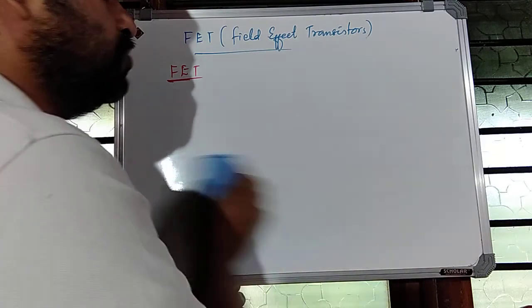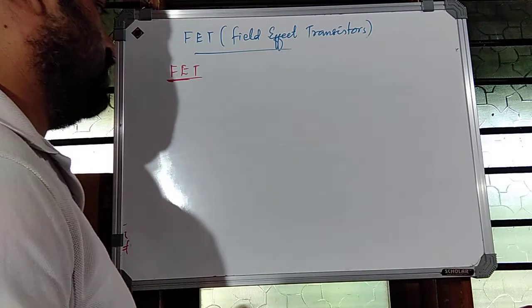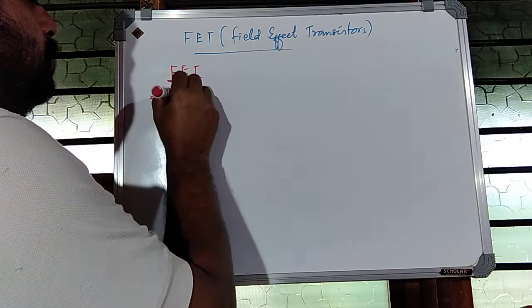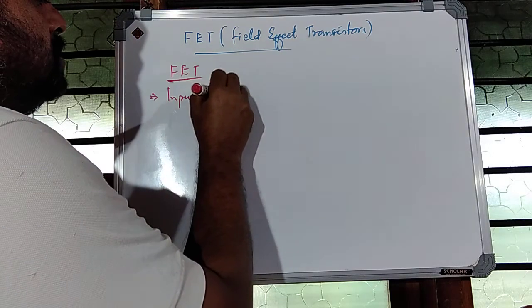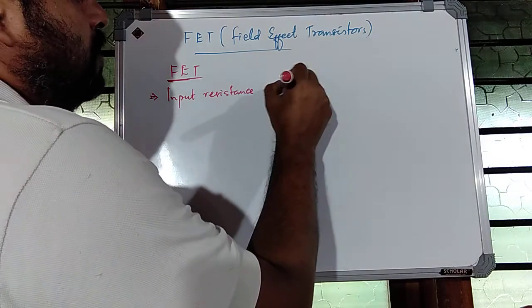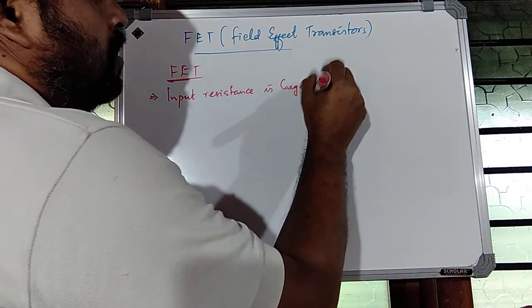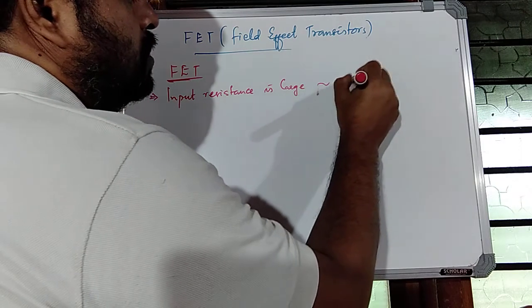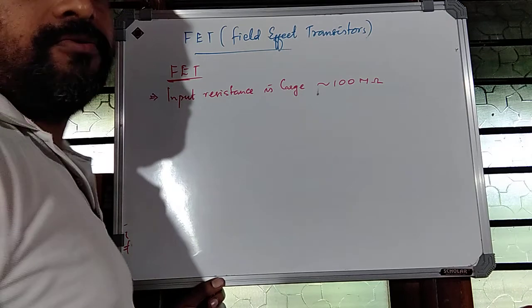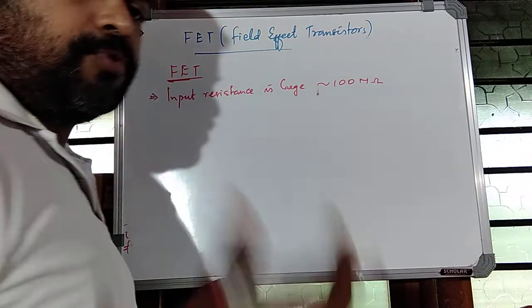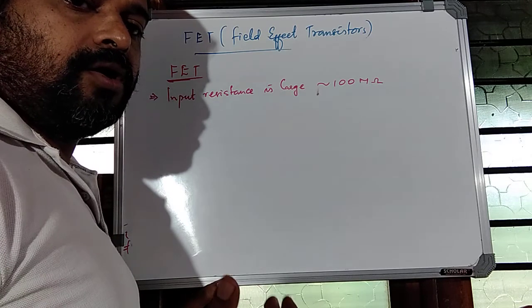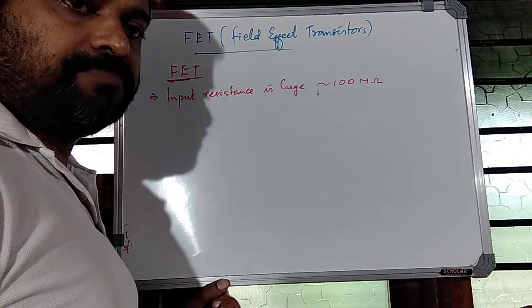For FET, input resistance is a very large value, of the order of 100 mega ohm, because the input terminal is a reverse biased PN junction.